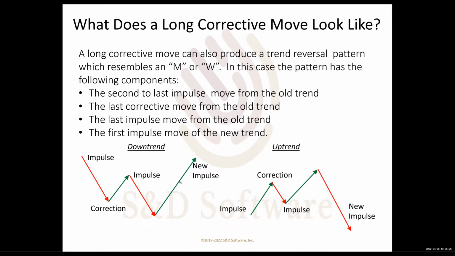And that means that it should have turned and started a new impulse move before we exceeded the starting point of the last impulse move. And since that did not happen, since we broke above that, we got a higher high instead of a lower high, this correction ran long. So the pattern of lower highs and lower lows was broken.